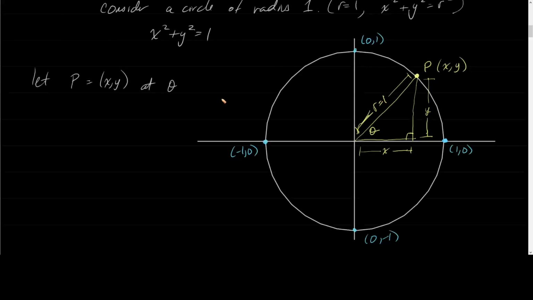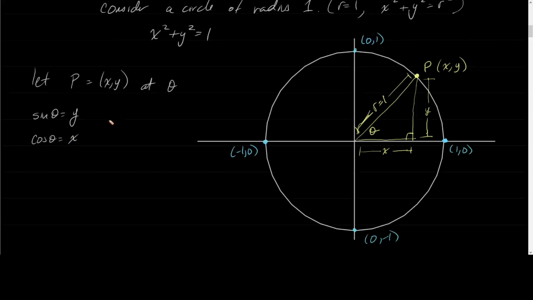Now, what does this actually tell us? If I look at sine theta, sine theta, if you recall, was opposite over hypotenuse. From this angle, the opposite is y, the hypotenuse is just 1, so sine ends up being just y. Cosine theta is adjacent over hypotenuse, so the adjacent is x, the hypotenuse is 1, so I get just x.